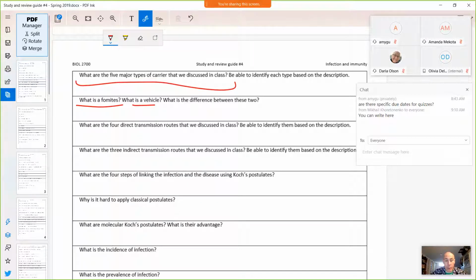Direct transmission routes. So we've got contact, and that's actually a great moment to mention this, because we're talking about transmission routes here. So one is contact, touching, like if you get in contact with somebody's bodily fluids, when you kiss somebody; having sex falls into that category as well.